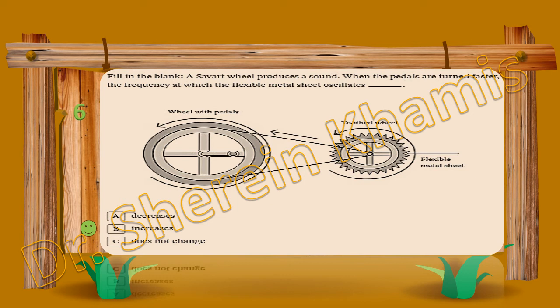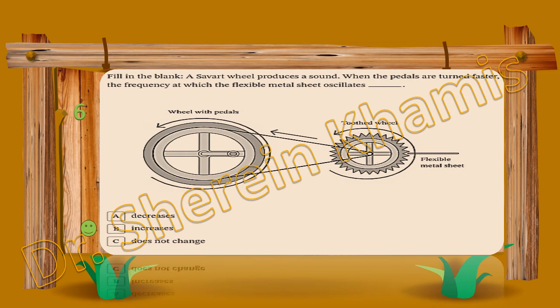When we move it faster, the frequency at which the flexible metal sheet oscillates will increase. When the teeth rotate faster, the wheel with the pedal moves faster, and the flexible metal sheet moves faster, all of them increase.